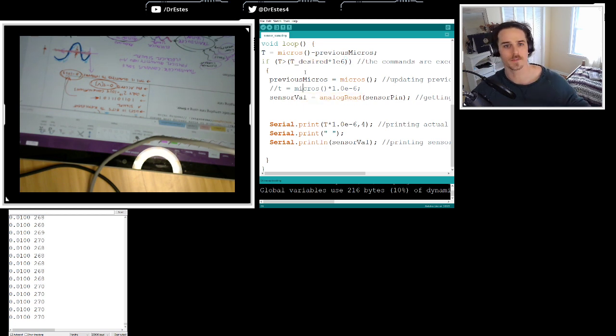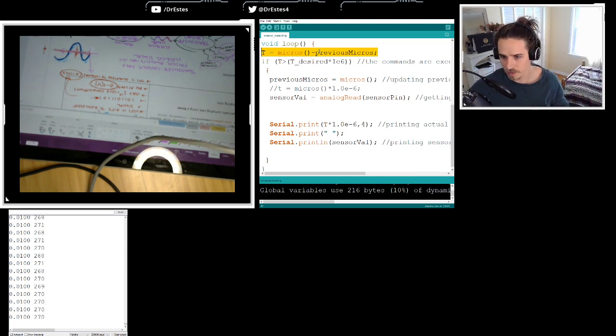So basically, all this code is saying is, okay, you took a sample. Now you have to wait until this amount of time has passed, and then I'll allow you to take your next sample. So I use an if statement, and I'm just constantly monitoring the amount of time that has passed.